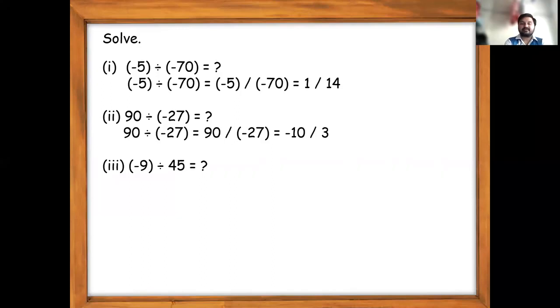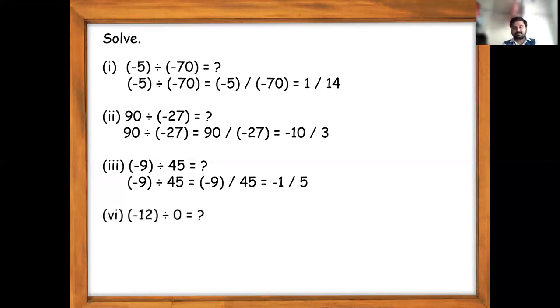Negative number. Absolutely correct. So 9 divided by 45 would be 1 upon 5, and the sign of the final answer is negative. See, wherever I am writing a negative, I am writing it with the numerator, not with the denominator. Notice this. Do not assign any sign to the denominator. If you have it in the sum, just change it and shift it to the numerator.